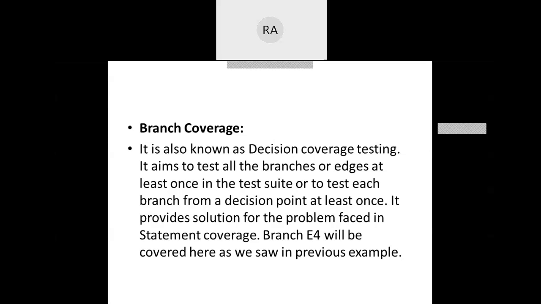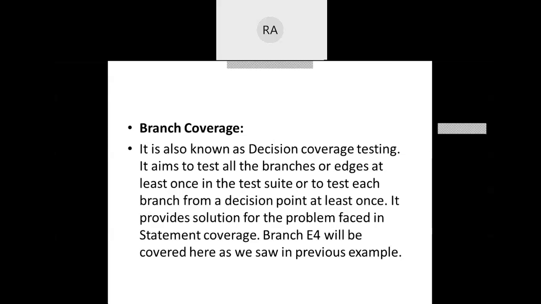It is also known as decision coverage because a branch is always associated with a decision. Whatever value is evaluated based on the condition you have written, you are going to traverse the branches. For each condition there are going to be two branches, either true or false, and you are going to test the branches of a particular condition. It is also called decision coverage testing.